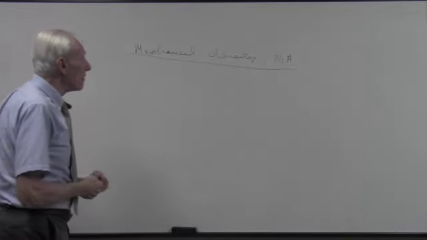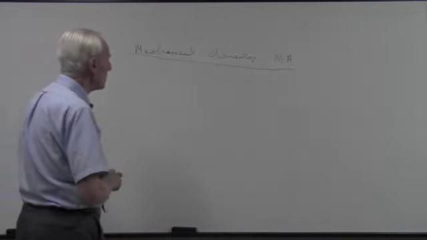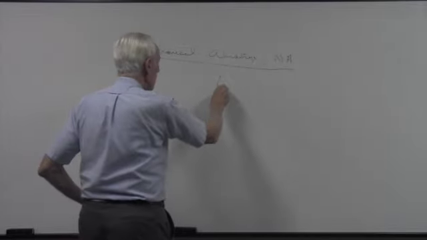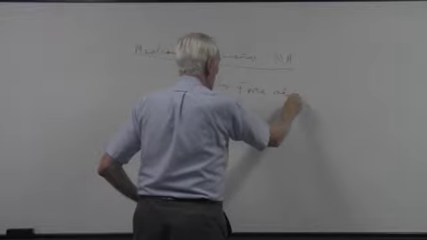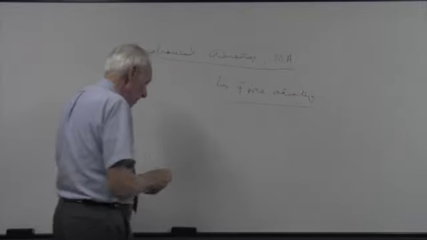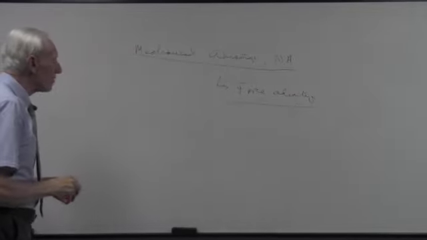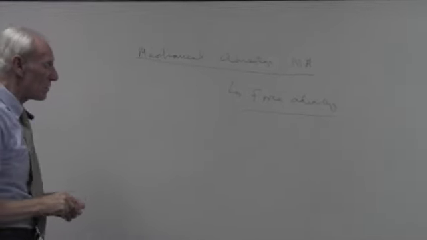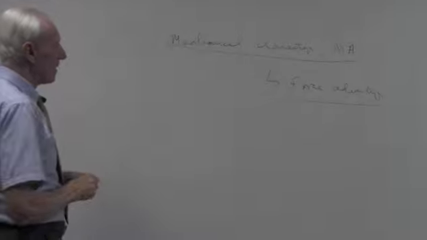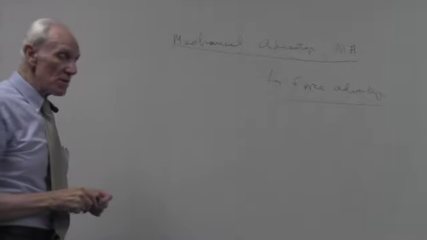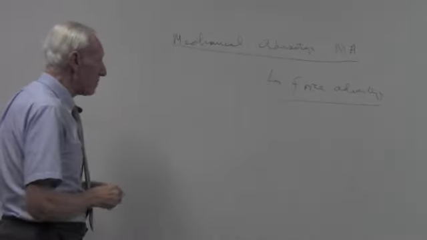So the mechanical advantage, as I mentioned in the lab, is really a force advantage. You can increase or multiply the force by using a simple machine, and it's an advantage in that sense. So you don't get something for nothing, as I also write in the lab.